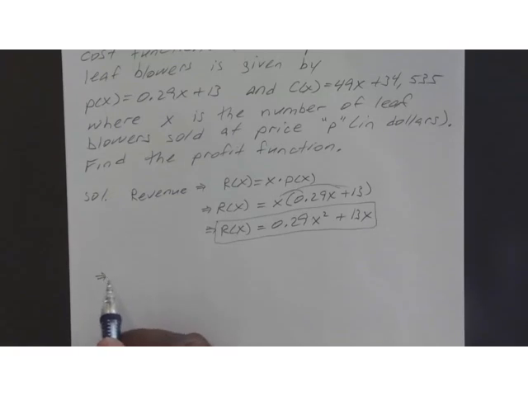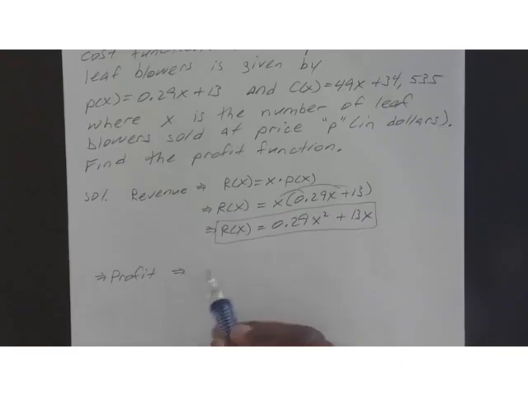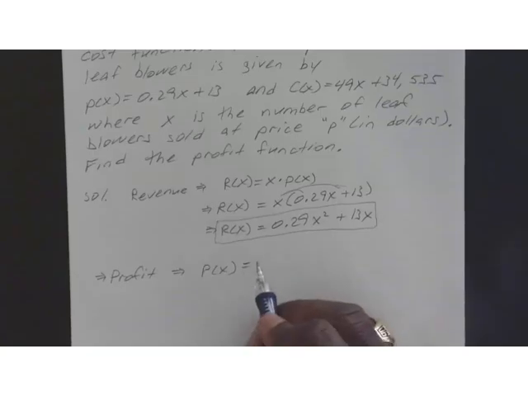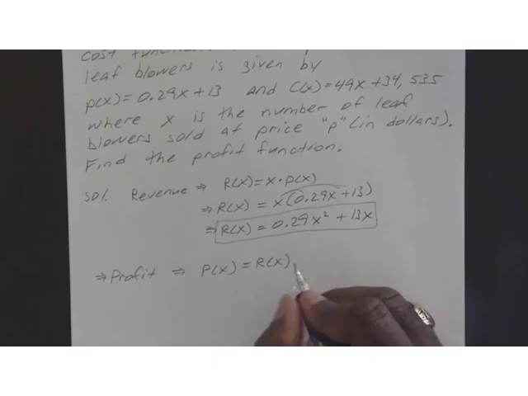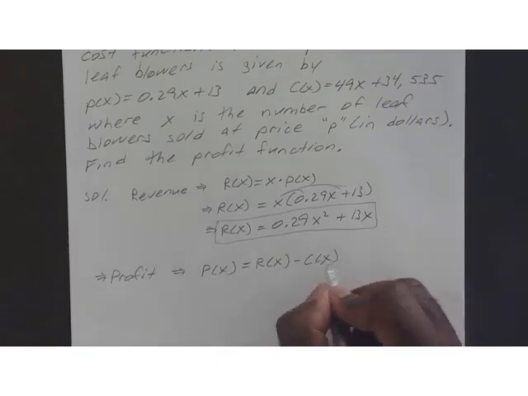Which means we can find the profit function, which is P of X, by just having your revenue function minus your cost function.